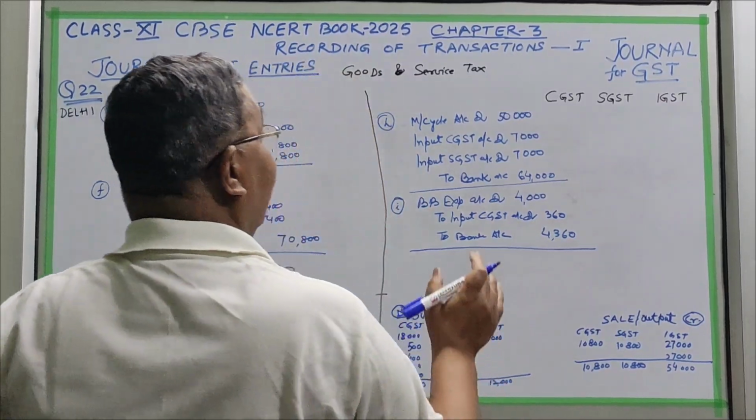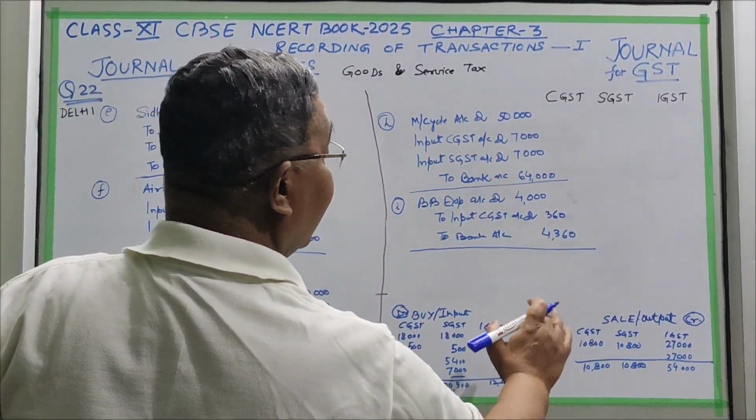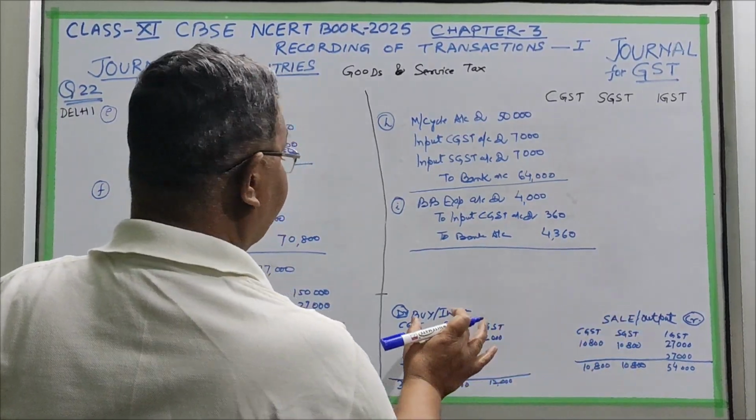Now I will rub this screen, and now we will go for making the final entries of input and output, and how much we will be paying.